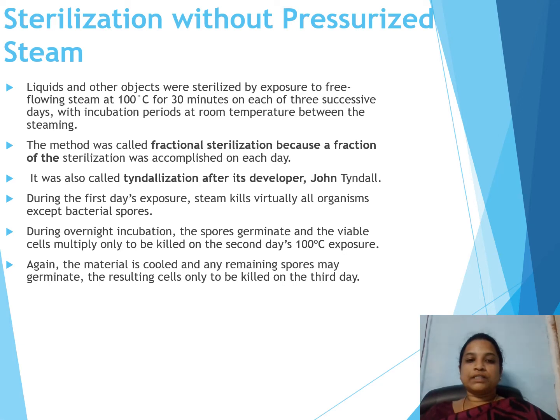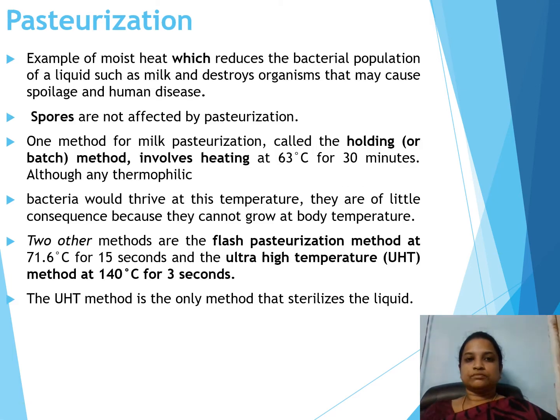Again the material is cooled and any remaining spores are allowed to germinate and the resulting cells are killed on the third day. The most important method which employs moist heat without pressurized steam is pasteurization.